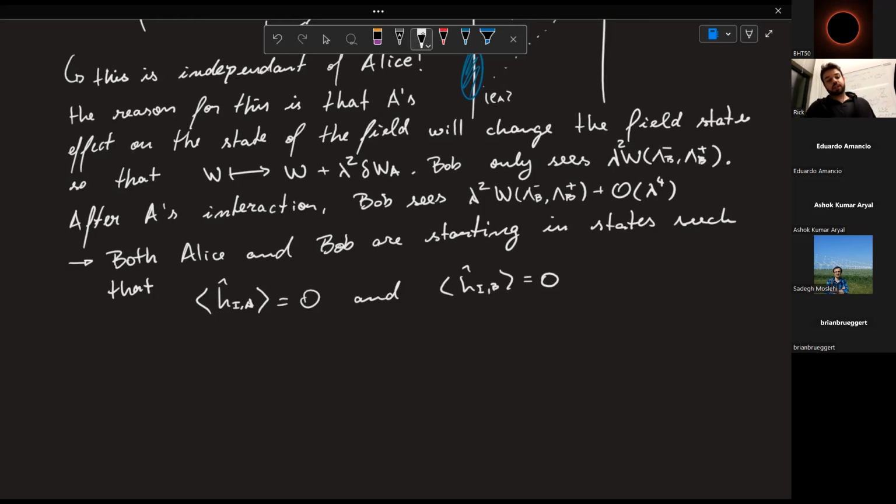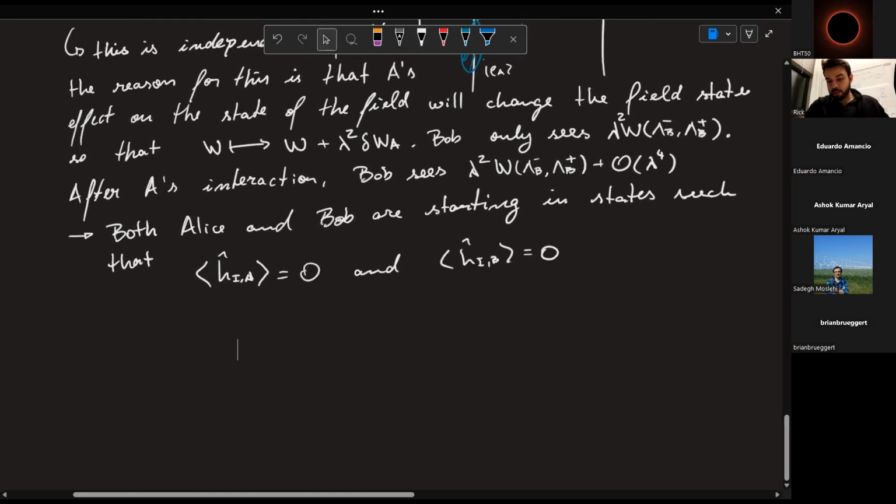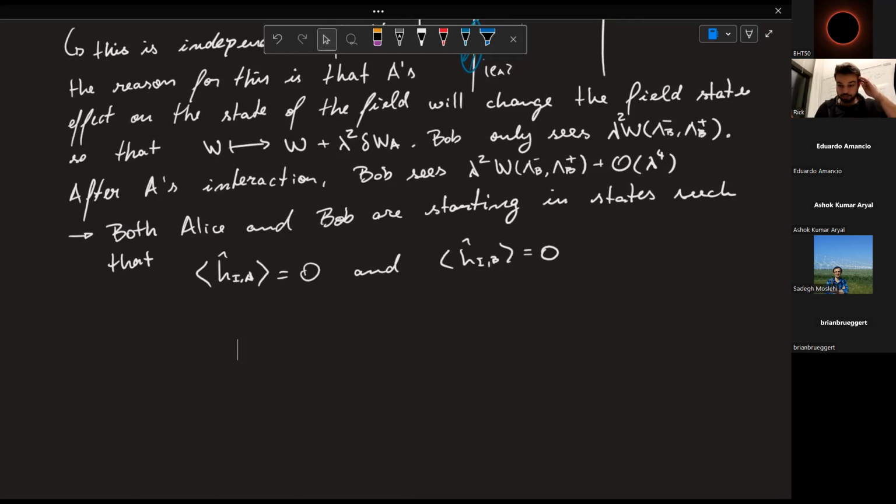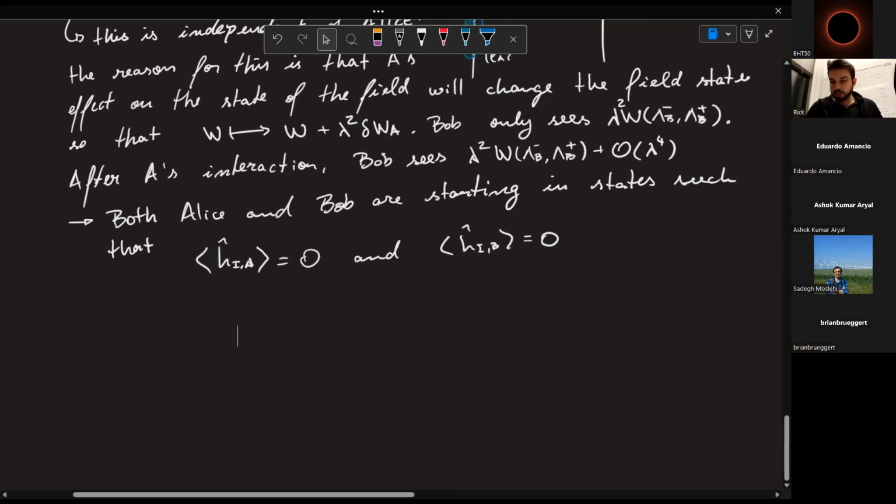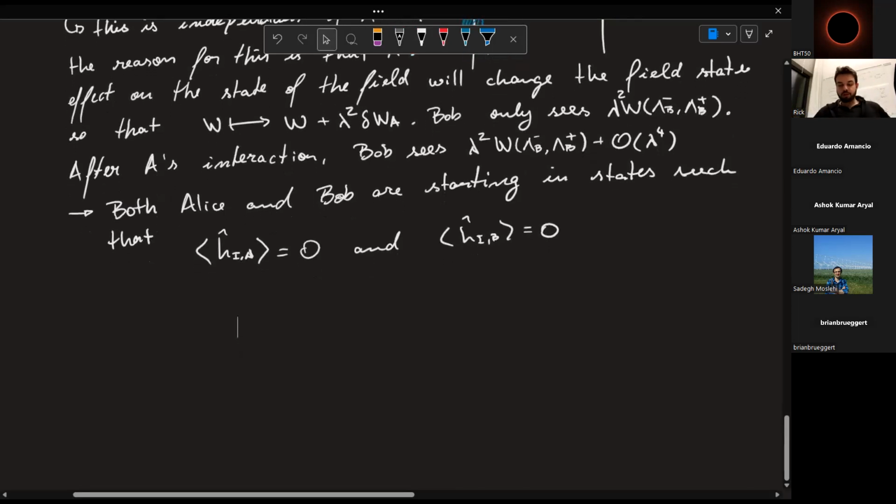So basically, if you start with Alice and Bob in the ground or excited states, perturbation theory will tell you that Bob doesn't see Alice to leading order. To higher order, of course, yes, but then the calculations become very annoying.